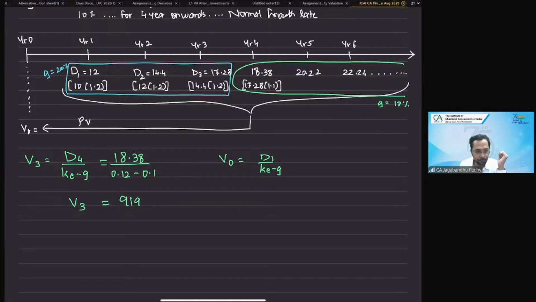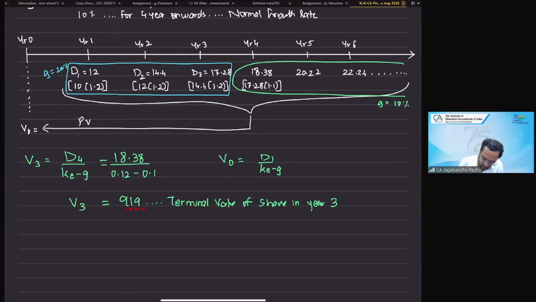919. Yes, sir. So 919, this is what we call the terminal value of the share in year 3.